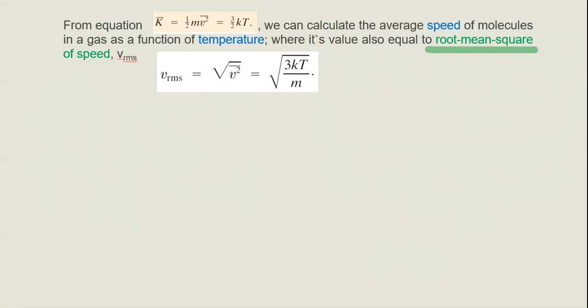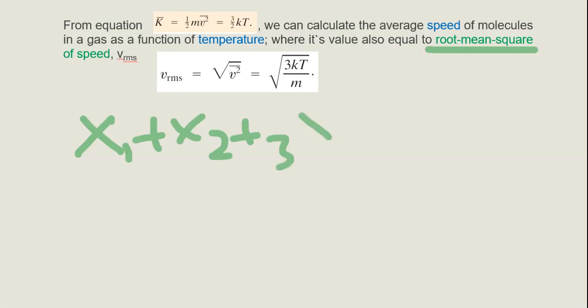Let's say we are trying to find the average of x. We will be adding all your x's: x1 plus x2 plus x3 and so on. But first we must square all the numbers, so x1 squared, x2 squared, x3 squared.